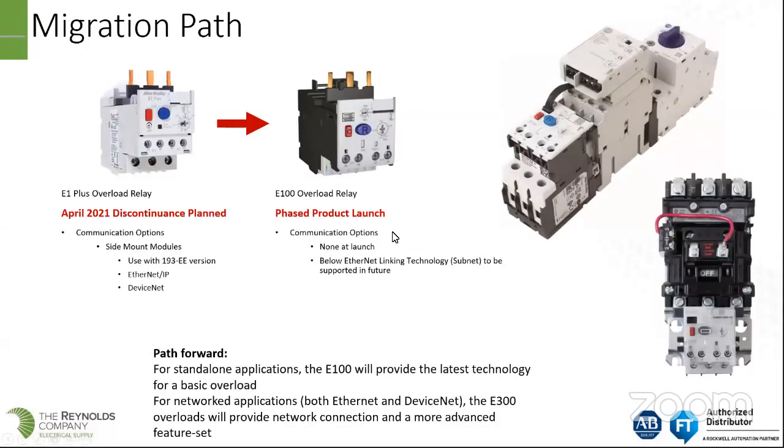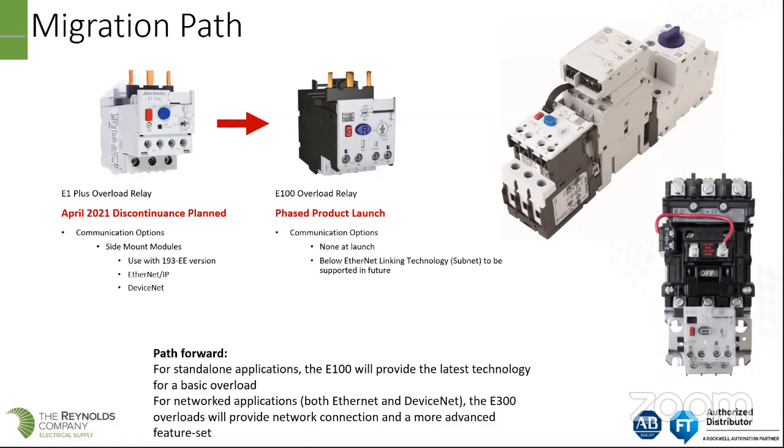So the migration path for the E1 Plus is to the E100 overload. And we'll go into some of the details and differences that you may see in the E100. But the biggest difference really is going to be the E1 Plus family had the addition of communication modules on the side, particularly Ethernet and DeviceNet.